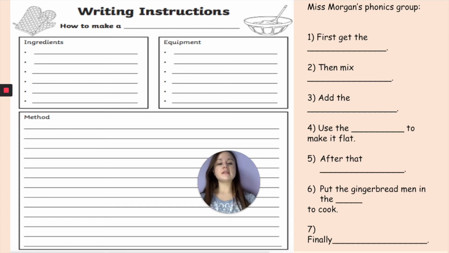After that something, put the gingerbread men in the something to cook, and finally. So if you can't remember the order, you can just go back in the video a little bit and check. Remember to also write your ingredients and the equipment and the title. So remember, if you can't print it, that's okay. You can just copy out the subheadings: ingredients, equipment and method.